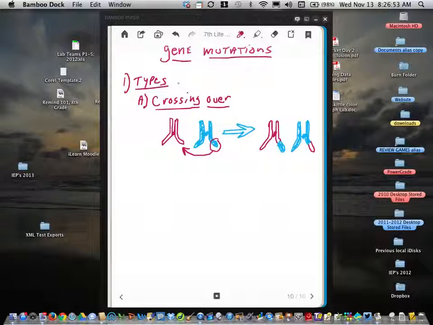Another type of chromosome mutation is called a deletion. And deletions are lethal.